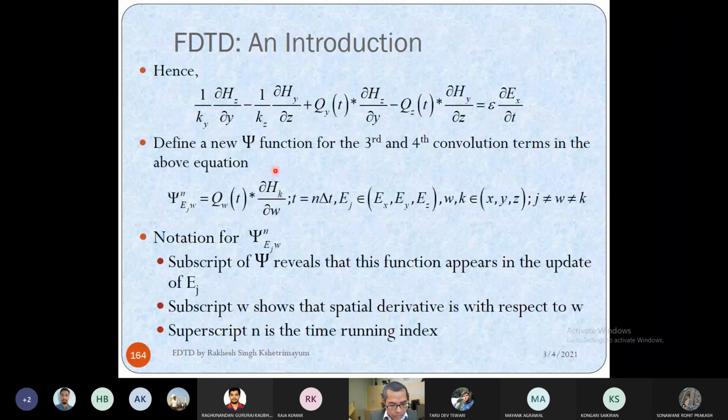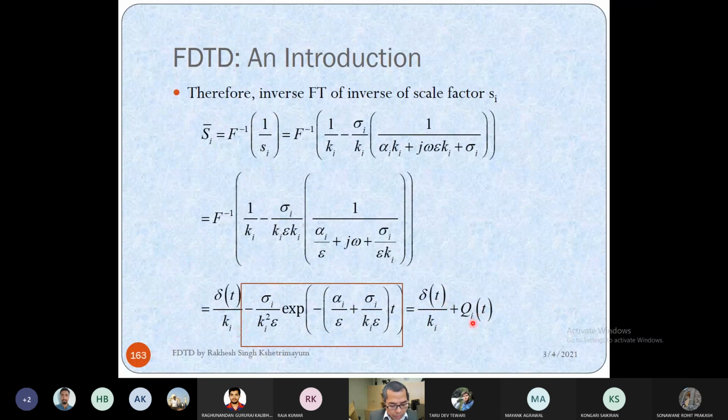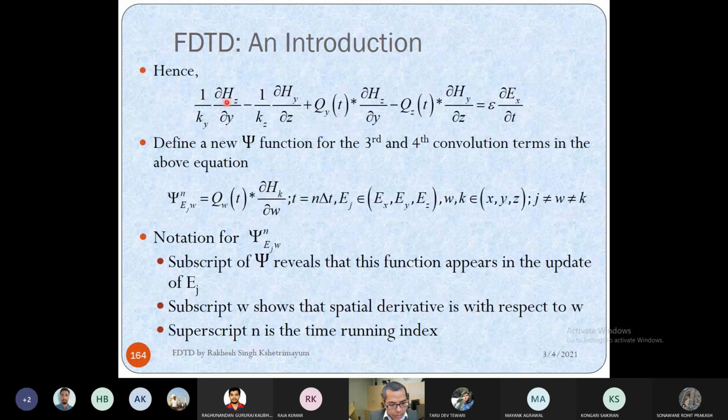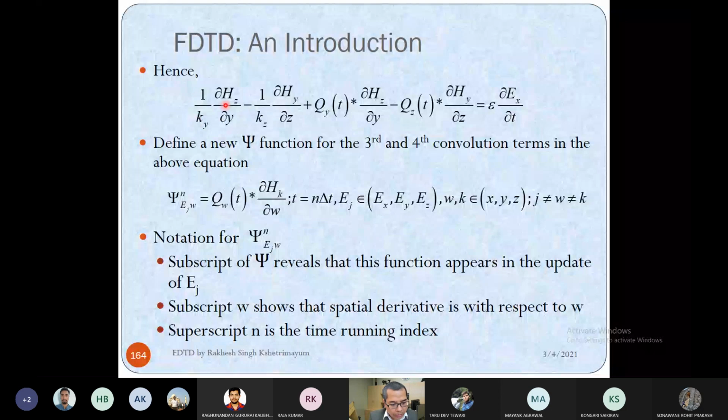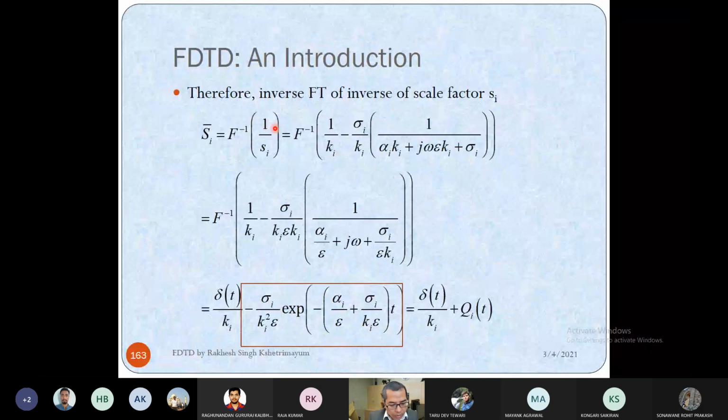Now we need to do convolution. In the equation we have, we need to do the convolution of the Fourier inverse of the 1 by Si term. You already got it: you have a delta function and you have a Qi term here. When you do the convolution with the delta function, you get the exact function itself. So 1 by Ky, dHz by dy, minus 1 by Kz, dHy by dz, is the convolution with this delta(t) by Ki term.